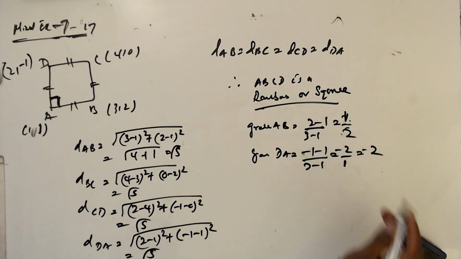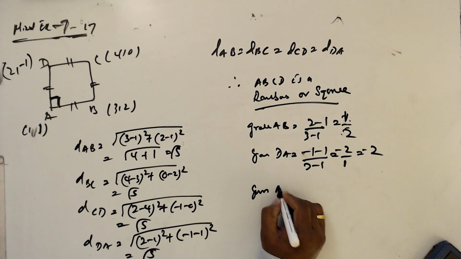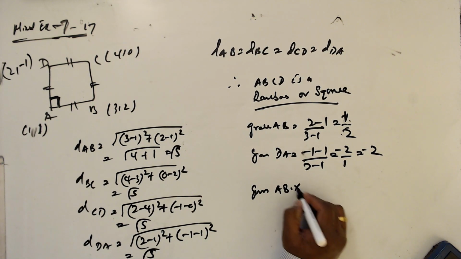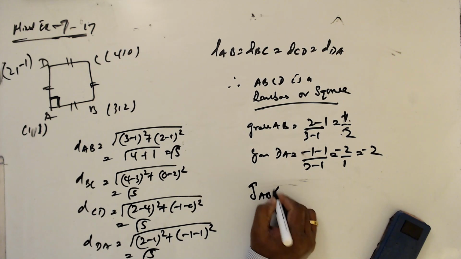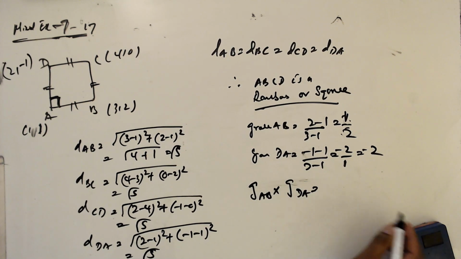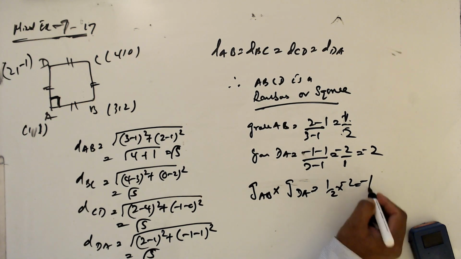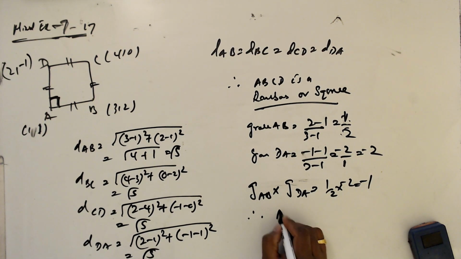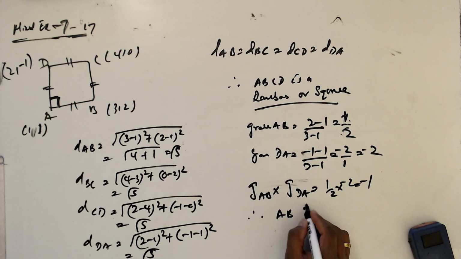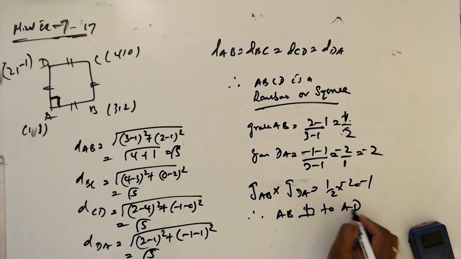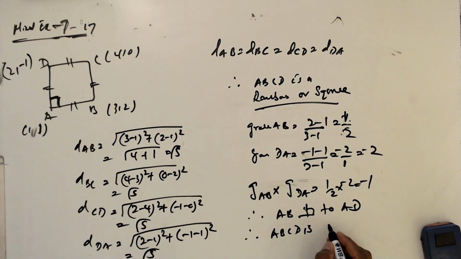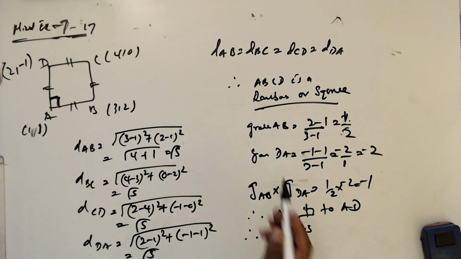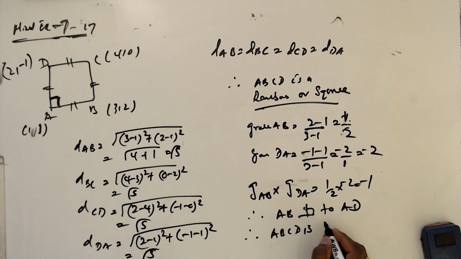So this is minus 2. So gradient AB times gradient DA equals a half times minus 2 equals minus 1. Hence AB is perpendicular to AD. Hence ABCD is not just a rhombus, there exists a 90 degree angle. So hence ABCD is a square.